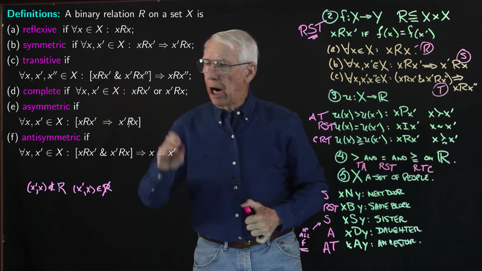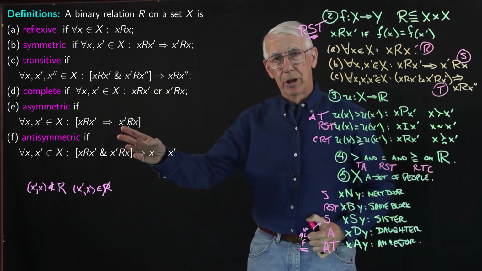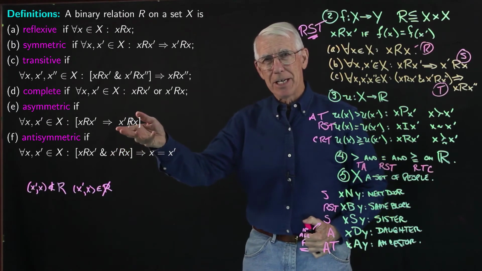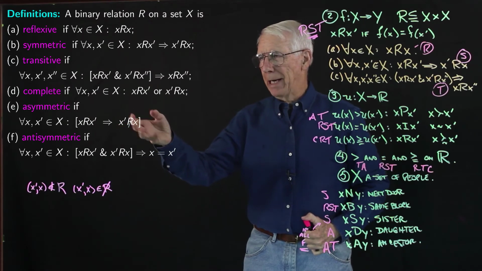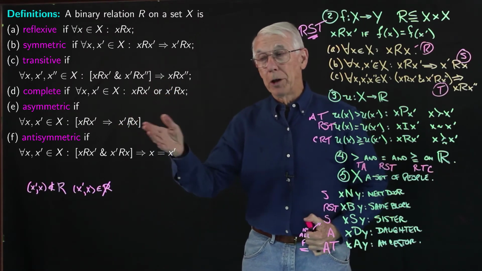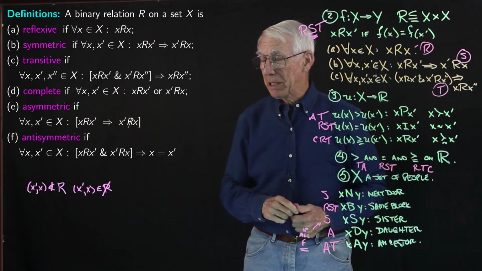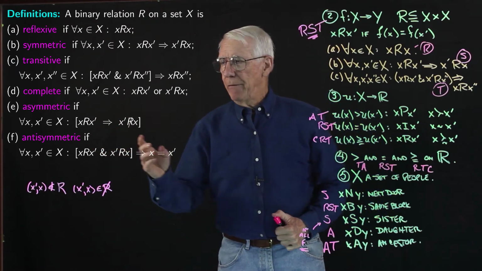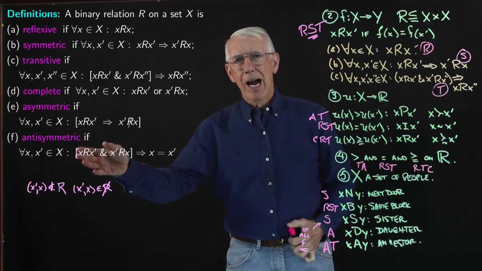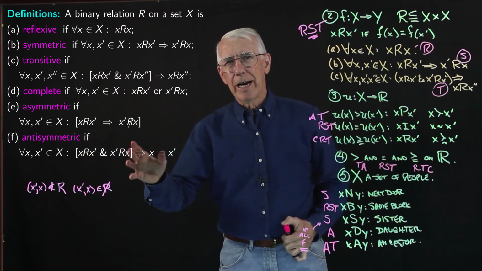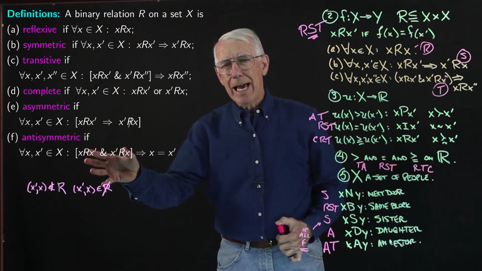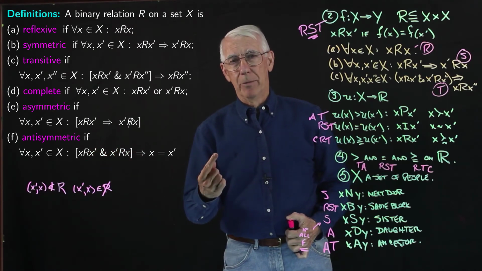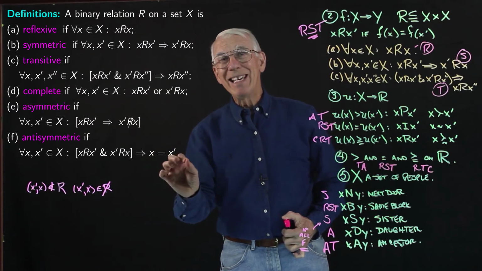And our next property of relations is the antisymmetry property. It sounds like it's the same as asymmetry, but there are two different words we use to mean two slightly different ideas. So a relation's antisymmetric if having x prime R x and x R x prime means it has to be the case that we're talking about only one element, and that's x prime equals x.